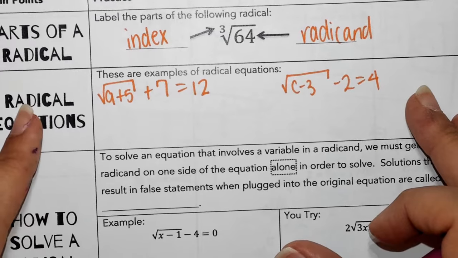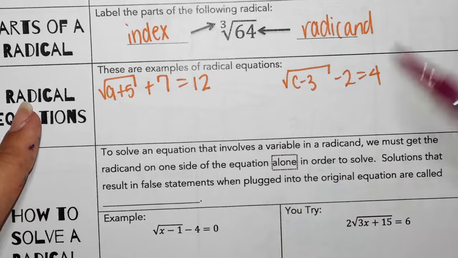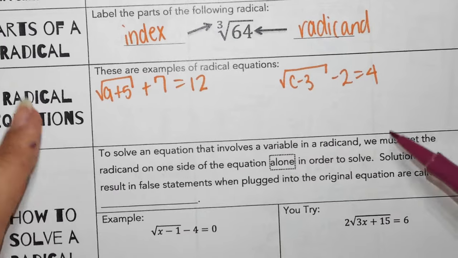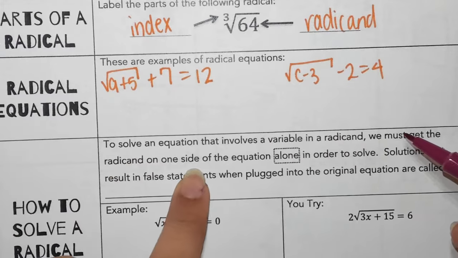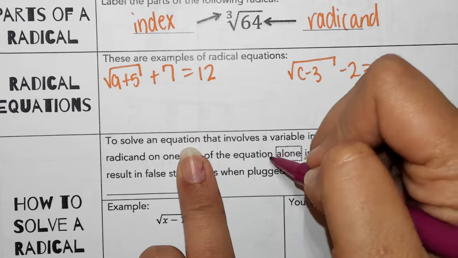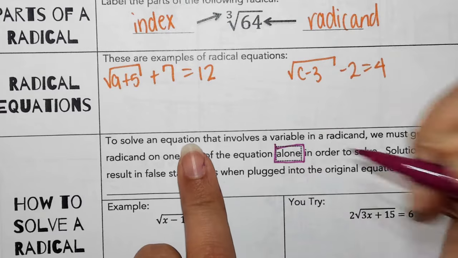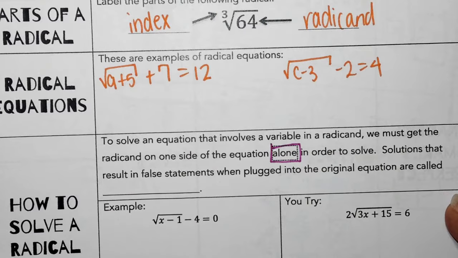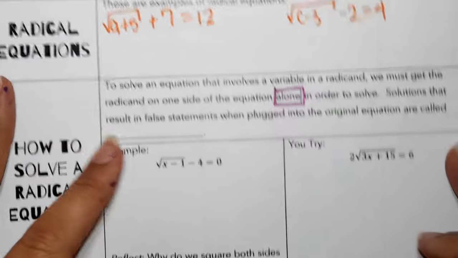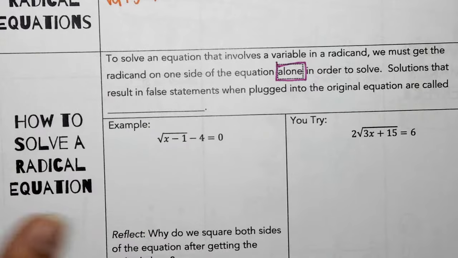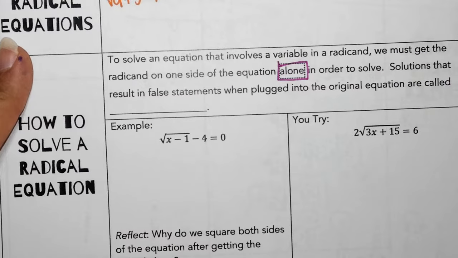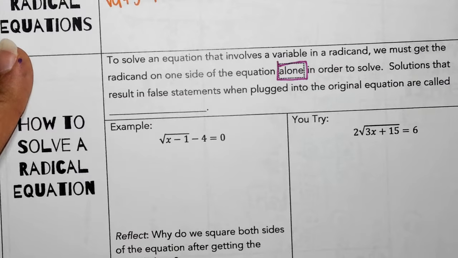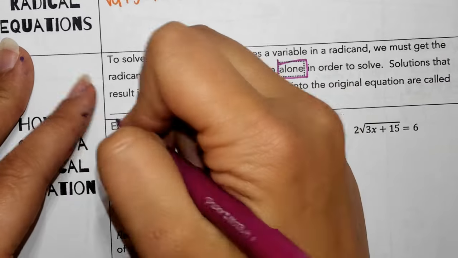Is everybody ready? Yeah. Now, to solve an equation that involves a variable and a radicand, we must get the radicand on one side of the equation alone. So it has to be entirely alone in order to solve. Solutions that result in false statements when plugged into the original equation are called extraneous.